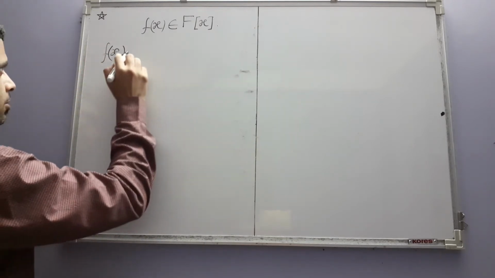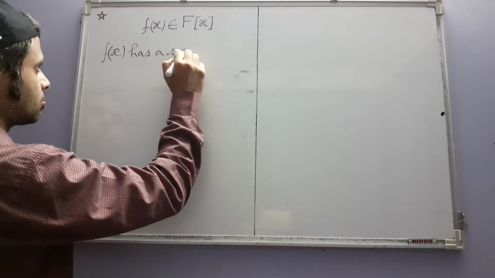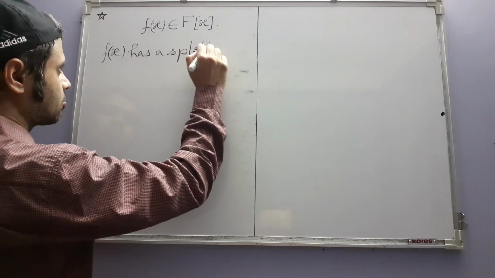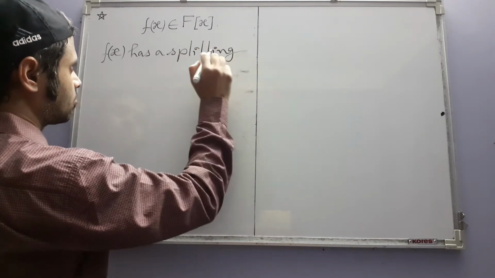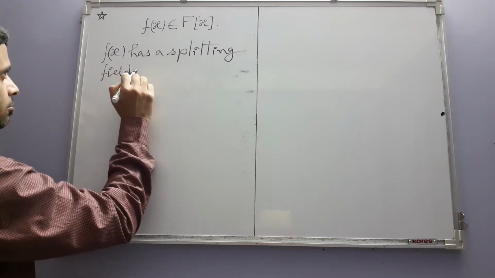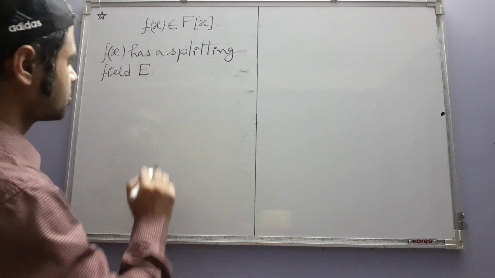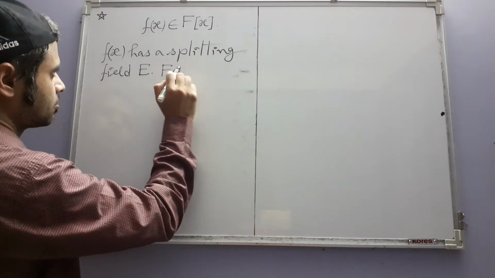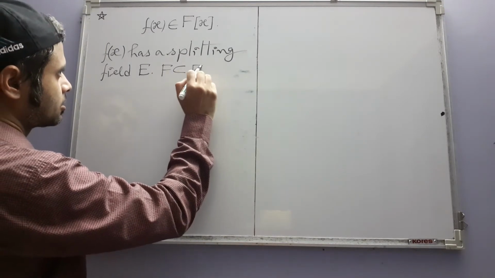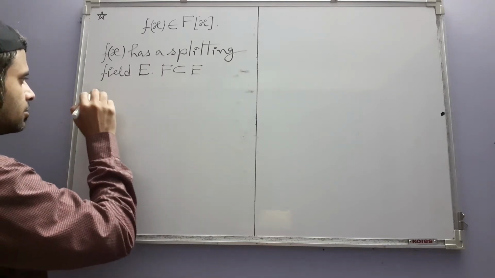that this polynomial has a splitting field E. What that means is that E is an extension of F satisfying these two properties.